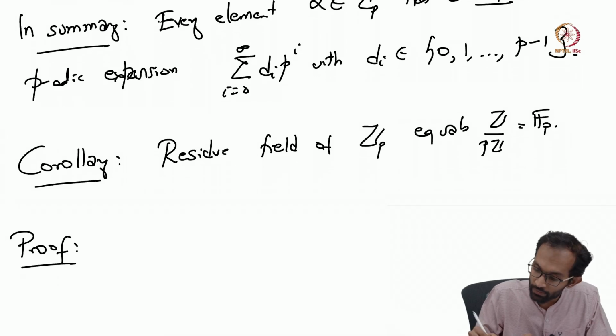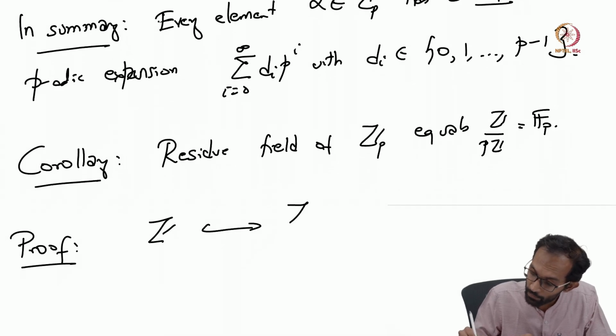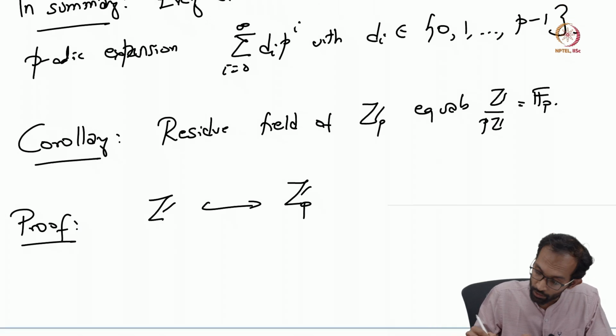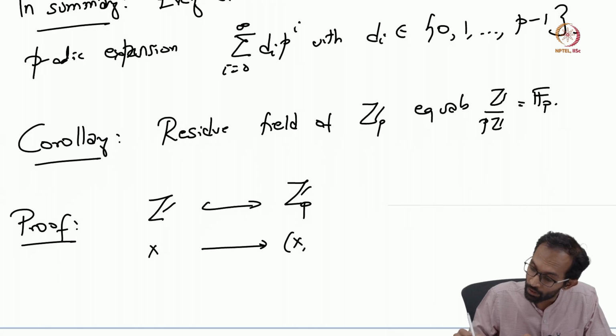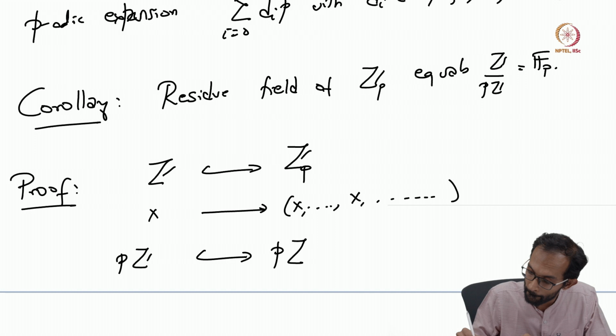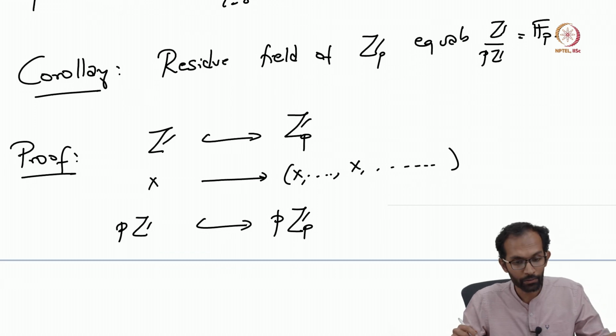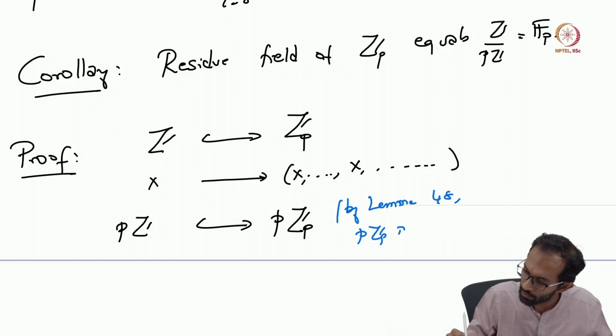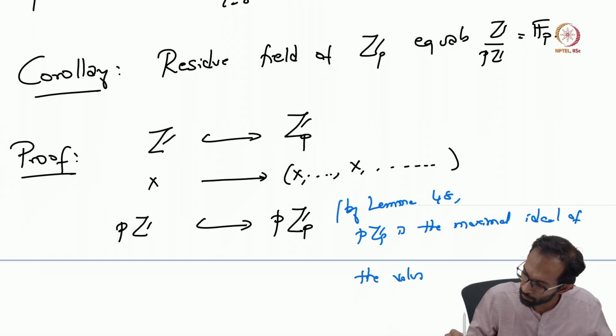Okay, and so a quick proof of this. We have that Z sits inside Zp, and if you want to think of Zp as equivalence classes of Cauchy sequences, if you have an integer x, you send it to the constant Cauchy sequence, and under this inclusion, pZ gets mapped to pZp, which, let me remind you, by lemma 48, pZp is the maximal ideal of the valuation ring Zp.